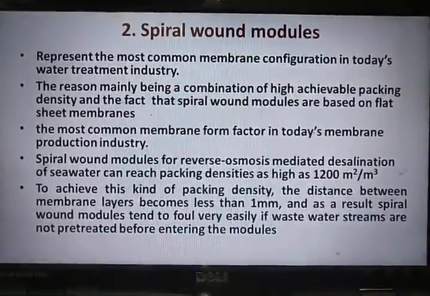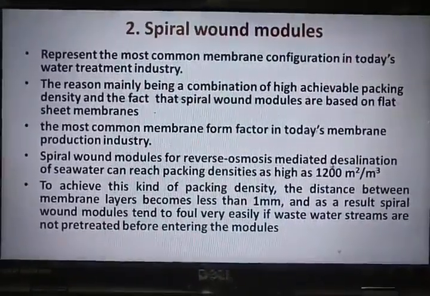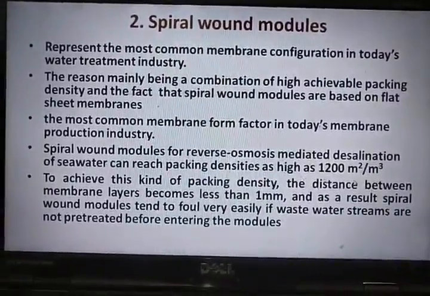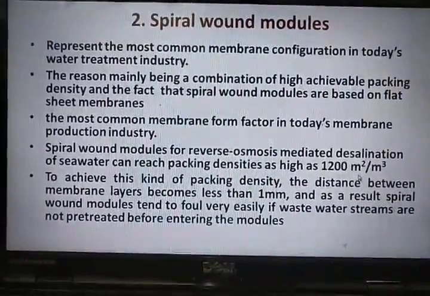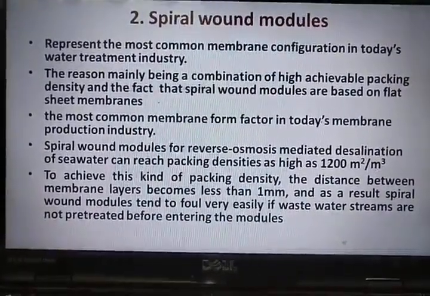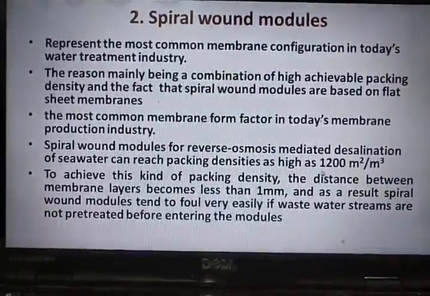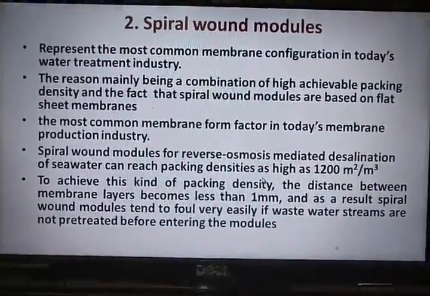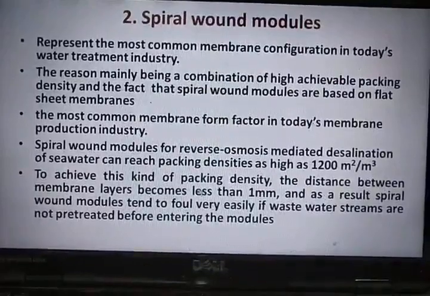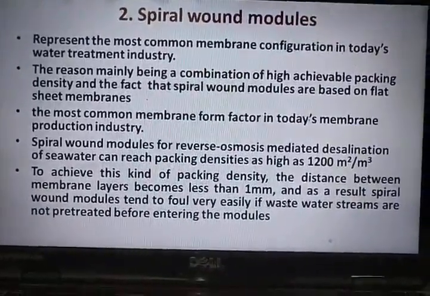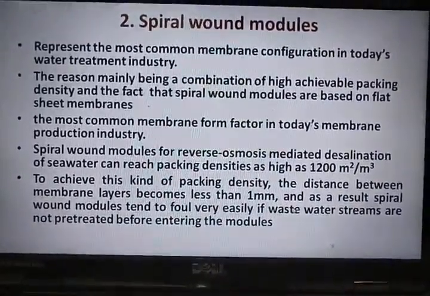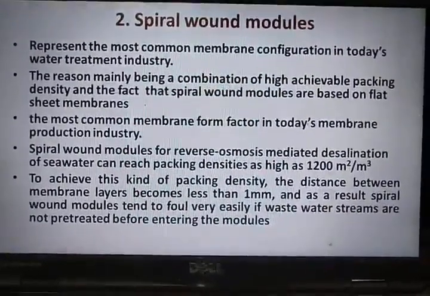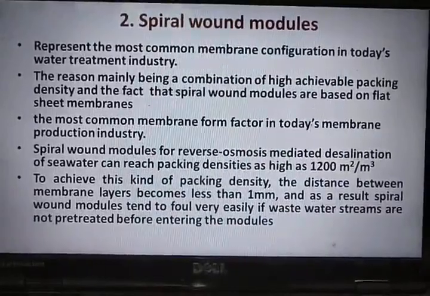The spiral wound modules for reverse osmosis mediated desalination of seawater can reach packing densities as high as 1200 meter square per meter cube. That means these have relatively high packing density compared to the earlier module. To achieve this kind of packing density, the distance between membrane layers becomes less than 1 mm. That is, the distance between each membrane is very small, thereby these are prone to fouling.